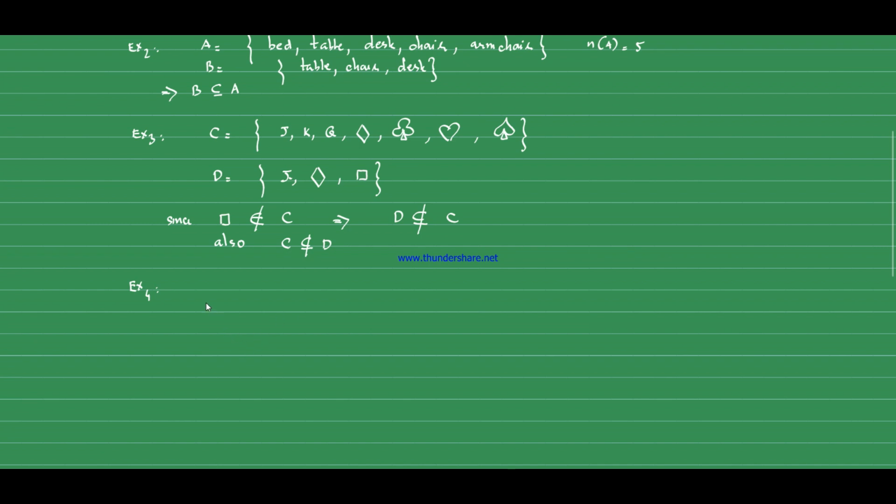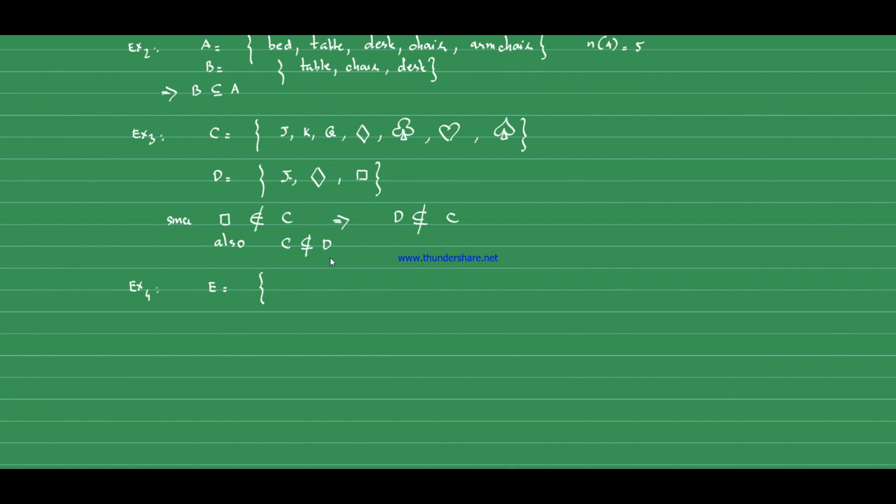Now, what if I have another set right here? Let's say that I have a set E, and the set E over here has some elements. Let's see. I just want to create another fancy set over here, with some fancy elements.